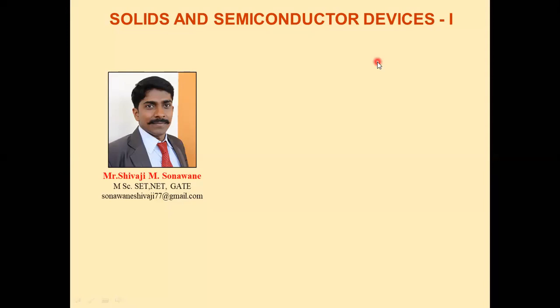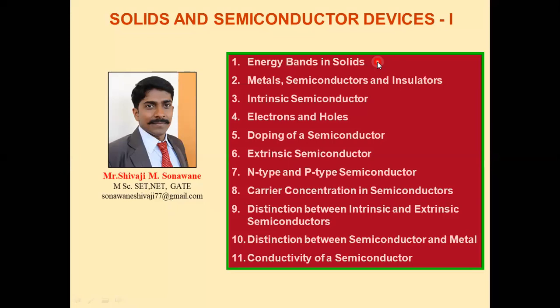This video consists of the different concepts: energy band diagram in solid, metal, semiconductor and the insulator, types of semiconductors, doping in the semiconductor, carrier concentration in the semiconductor, as well as the distinction between intrinsic and extrinsic type of semiconductor, difference between semiconductor and the metal, and conductivity of the semiconductor.